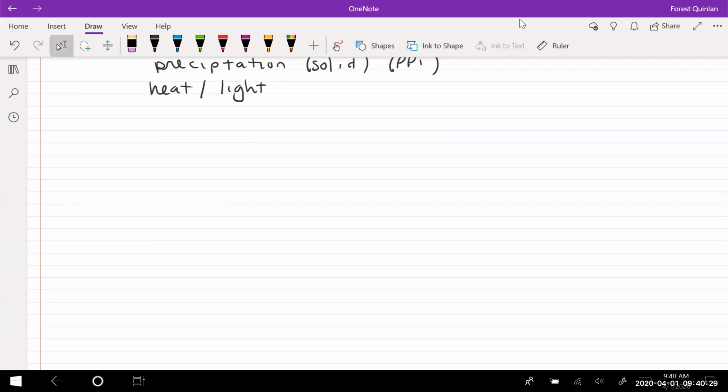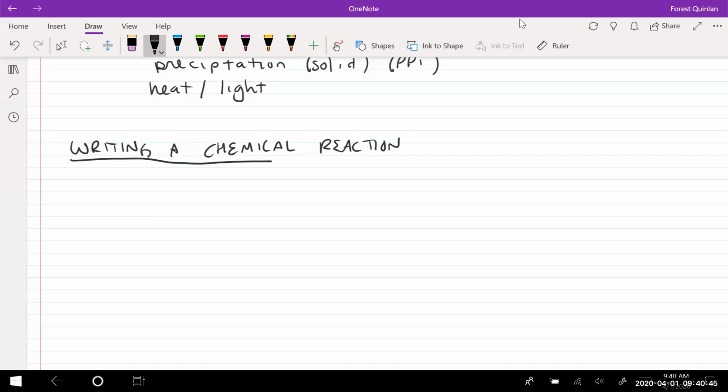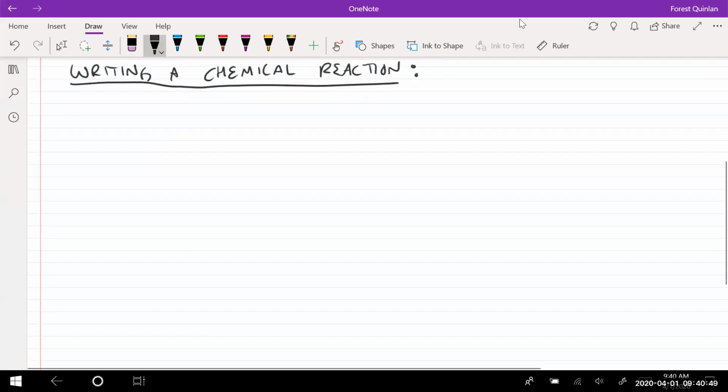So first, writing a chemical reaction. What I'm going to do here is I'm going to do the general form of a chemical reaction.